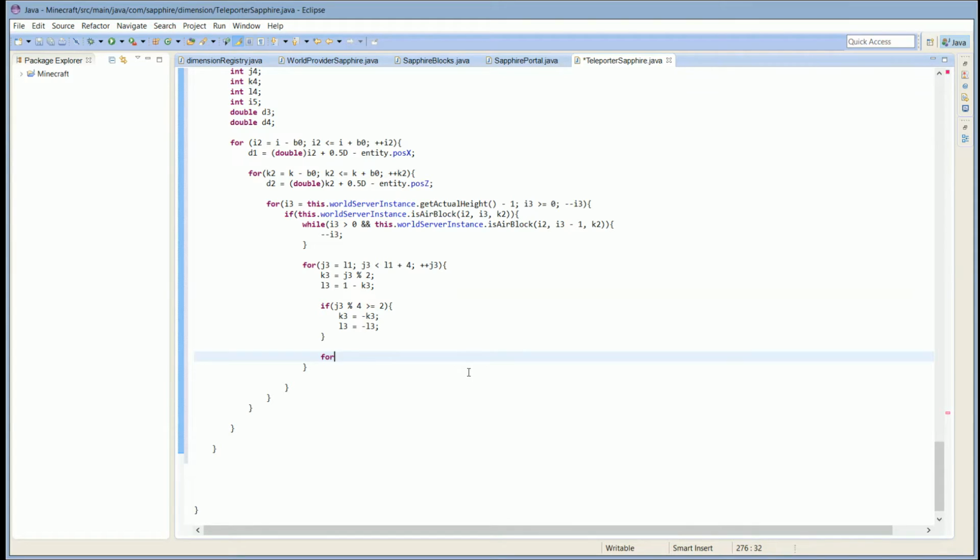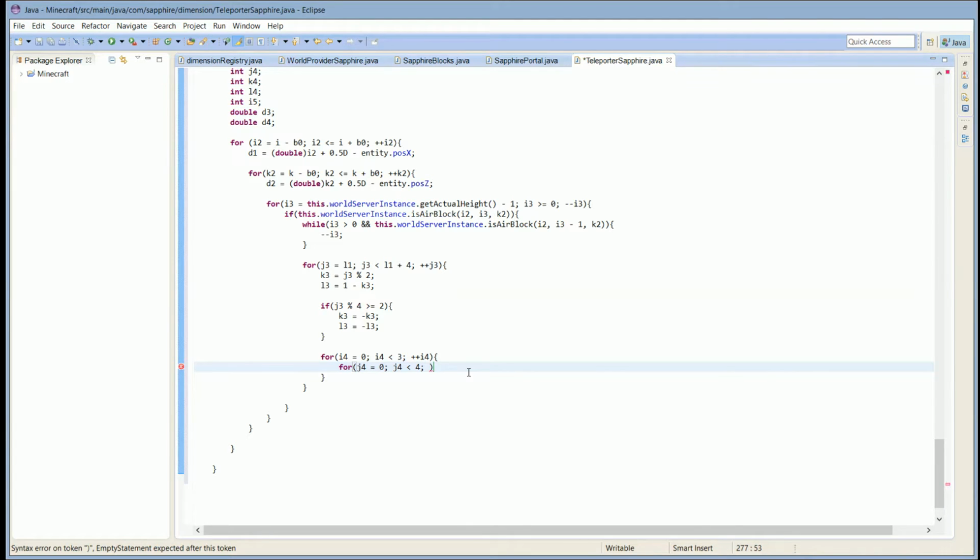So now for I4 is equal to 0, and I4 is less than 3, then continue with I4. For J4 equaling 0, and J4 being less than 4, then continue with J4.